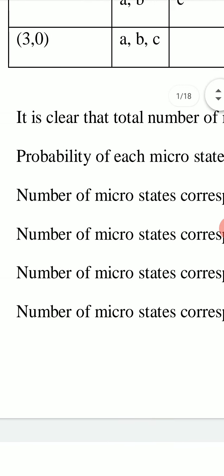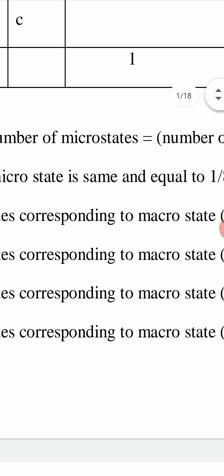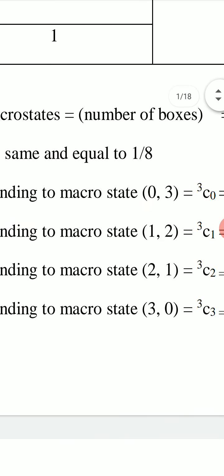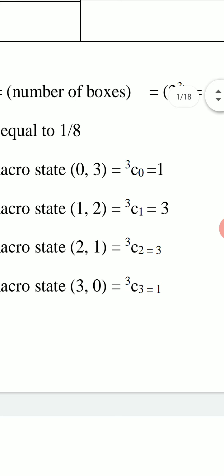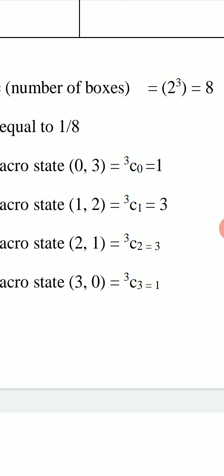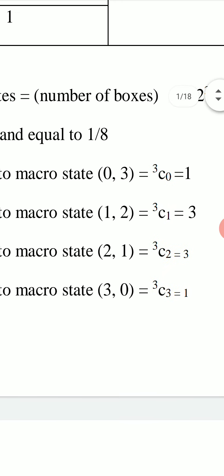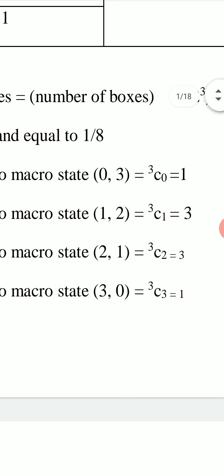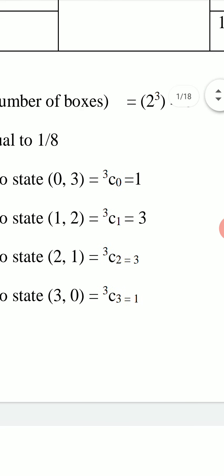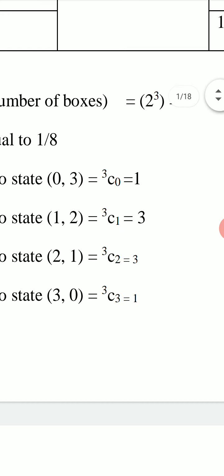And the number of microstates corresponding to macrostate 0 3 will be given by 3C0. 3 is the total number of particles and 0 is the number of particles in the first box.